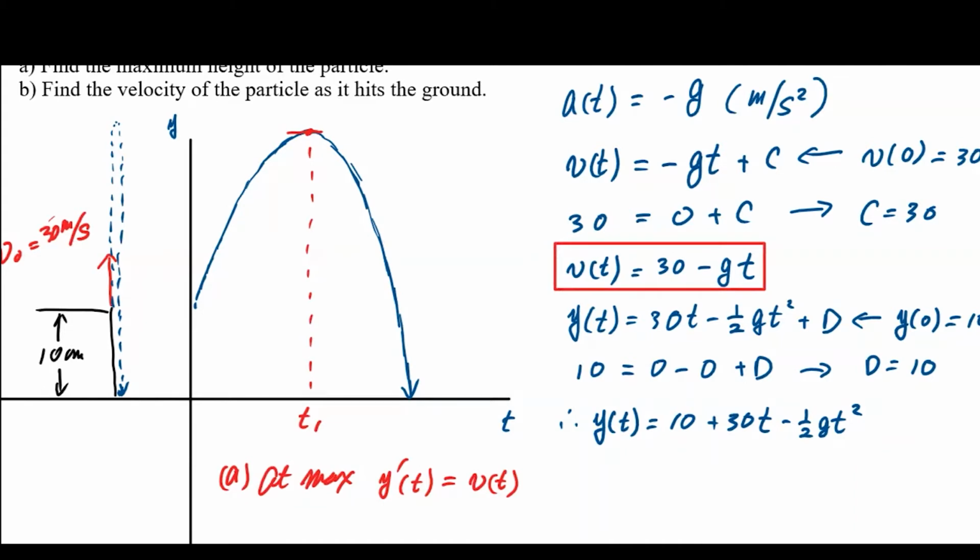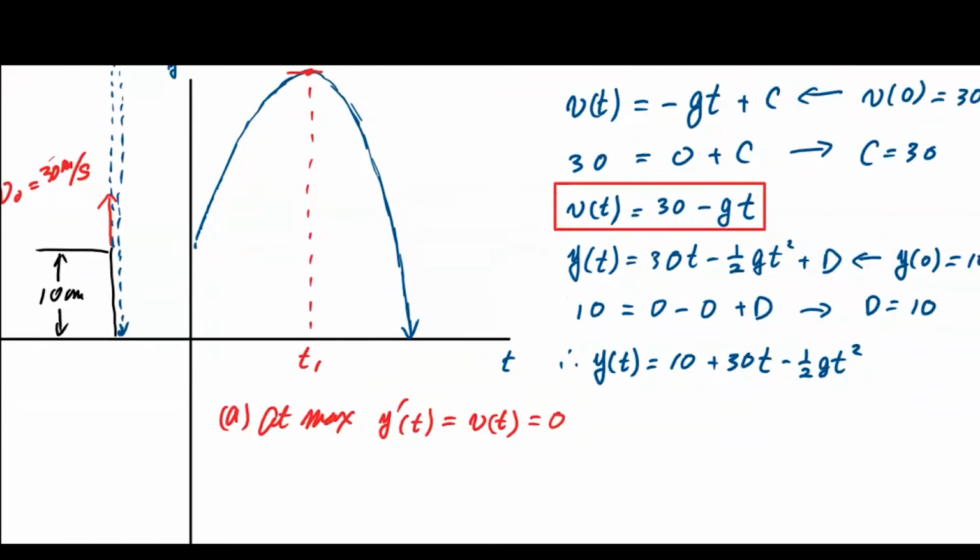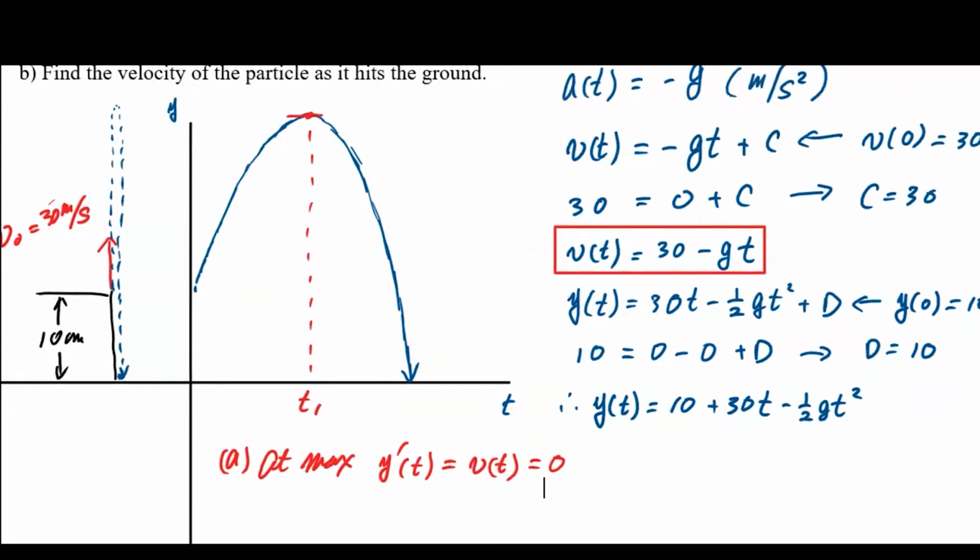Okay, that thing has to be 0. So it makes sense mathematically because the derivative must be 0, right? It has to be flat. The slope has to be 0 here. But physically it makes sense because whatever goes up has to stop before it comes back down, doesn't it? Good?